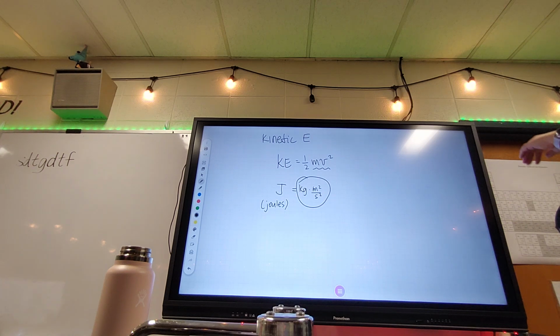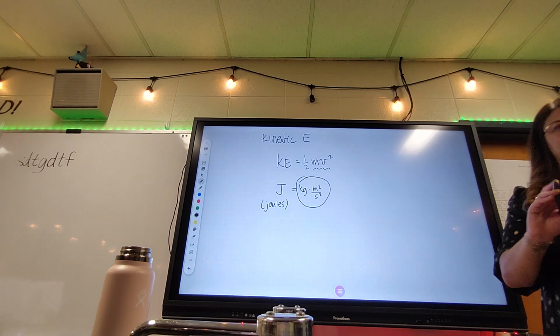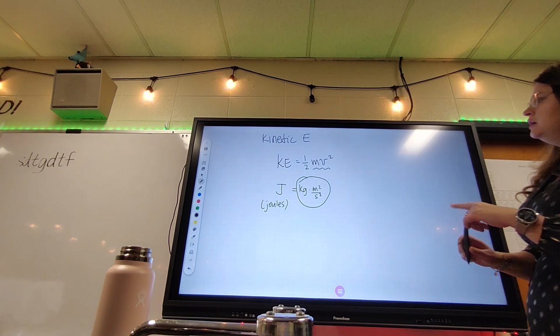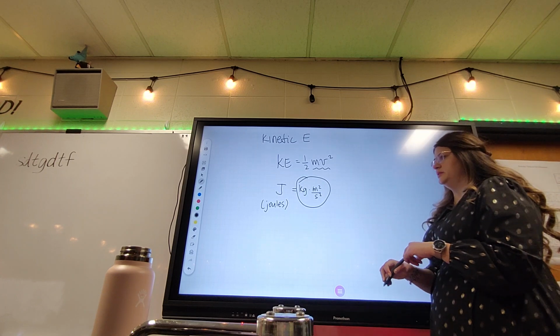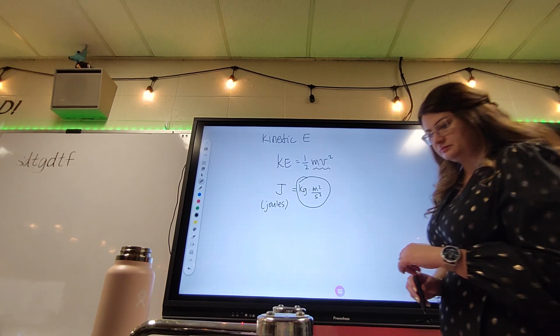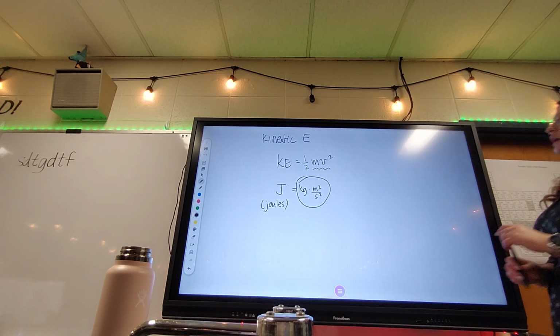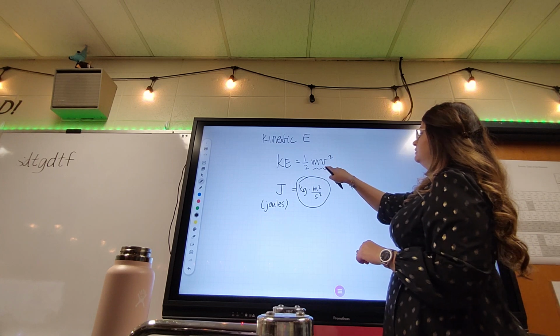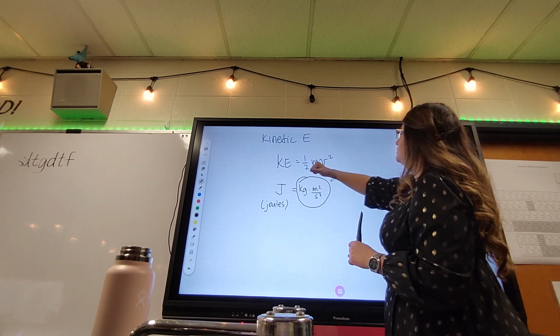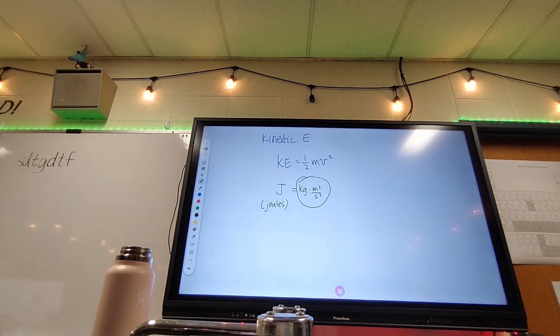So in order to use joules, you're always going to calculate mass in kilograms, which is not something we normally do in chemistry. Usually it's grams. Velocity is calculated in meters per second. Mass times velocity, and then v is squared, velocity is squared.